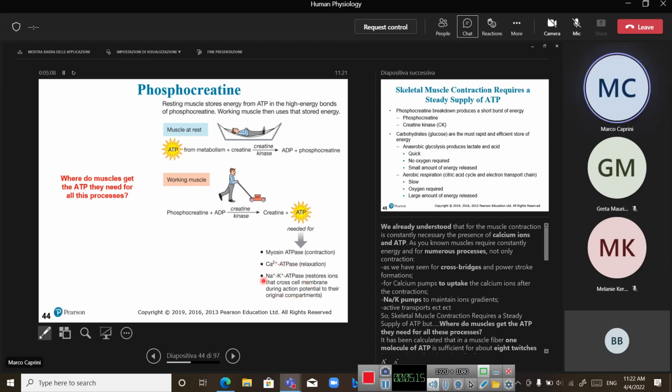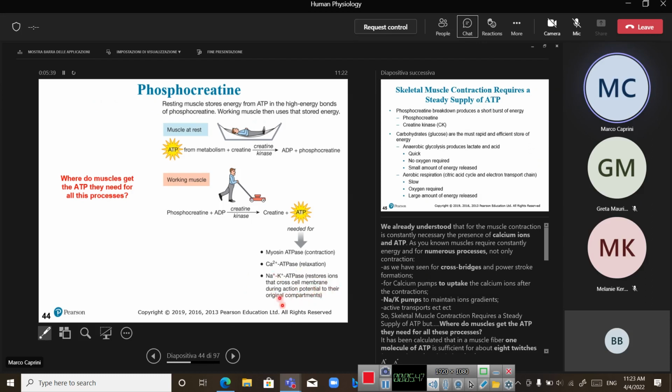So we spend a lot of energy to produce the calcium removal, the muscle relaxation. But again, also the sodium-potassium ATPases need a lot of ATP, a lot of energy. We spend a lot of our ATP in order to maintain the electrochemical gradient in the cells. In fact, the sodium-potassium ATPases restore the ions that cross the cell membranes during the action potential to the original compartments.